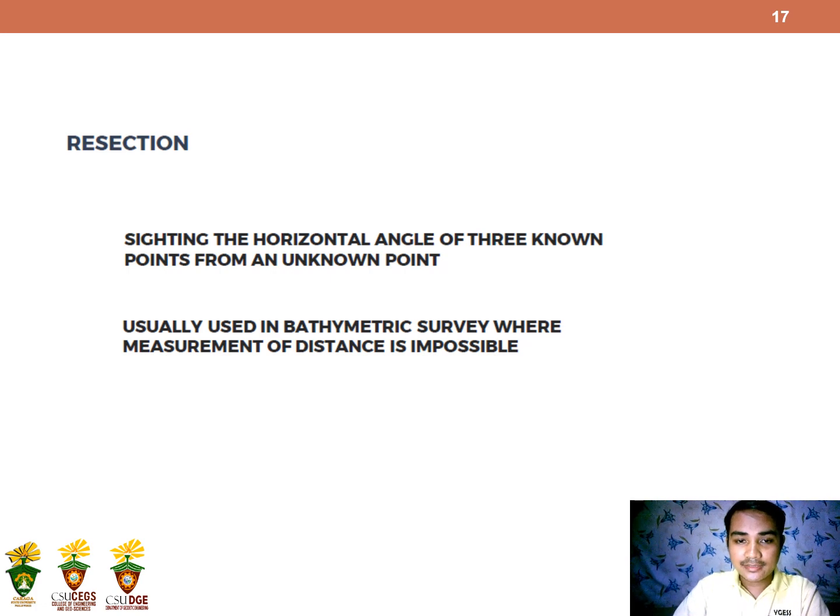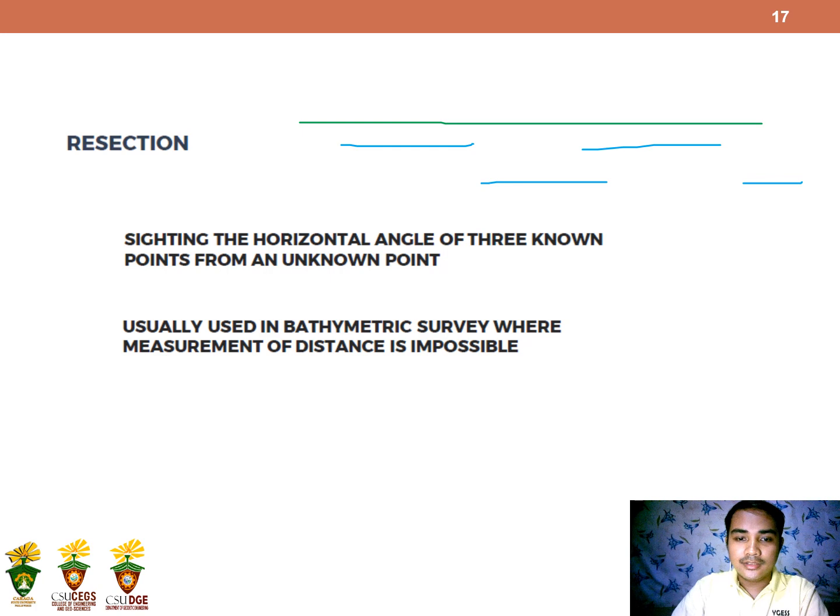say for instance, this is the shoreline between the sea and the land. This part is the ocean or sea, and here is the land above. So there are 3 known points, and of course, known and fixed points should be on land, where they do not move.